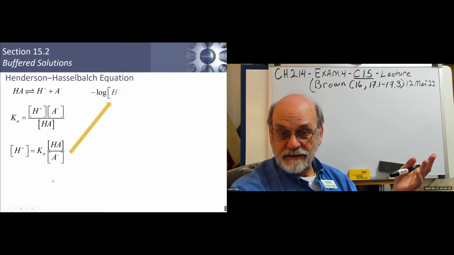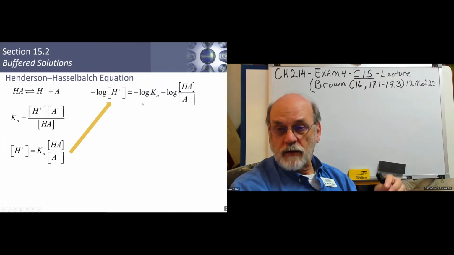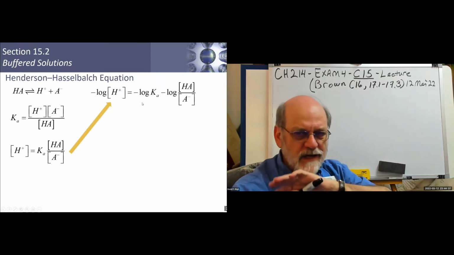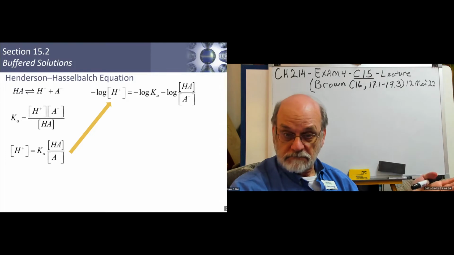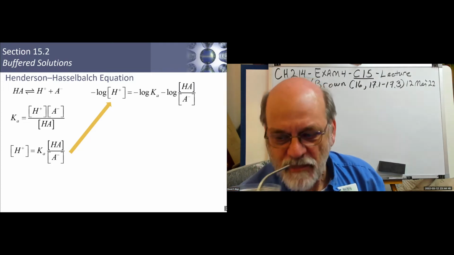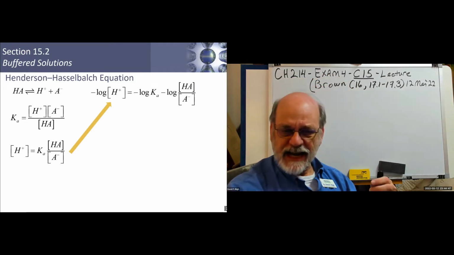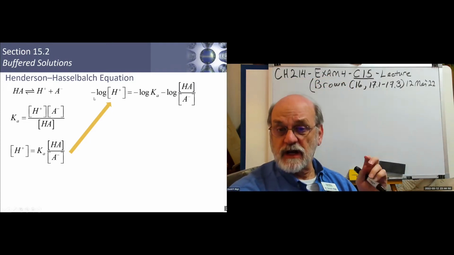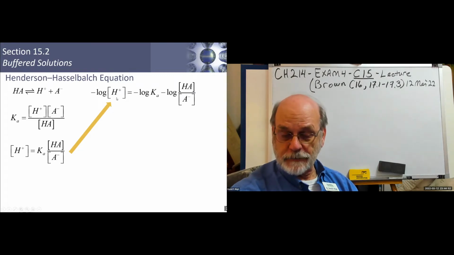And when he did, he said, okay, we're going to take the negative log of the entire equation. That's a mathematically valid process. Negative log of the hydrogen ion concentration, you recognize that as pH.